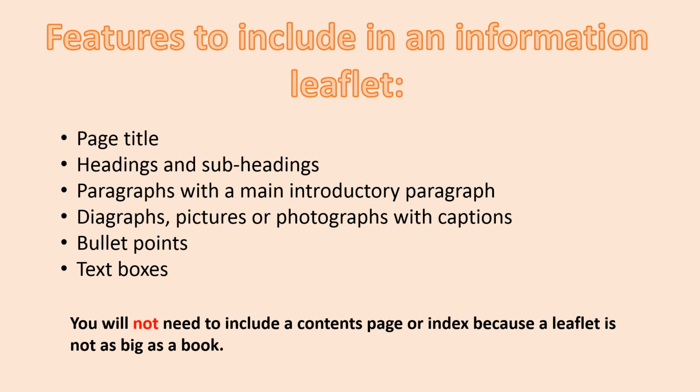And you do not need to include a contents page or index because a leaflet is not as big as a book. So usually when we see non-chronological books, you can find a contents page and an index page, but you do not need this for a leaflet because it's not as big as a book and there's not a lot of information in it.